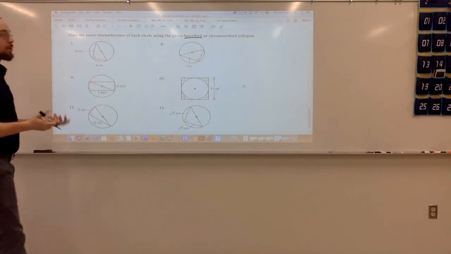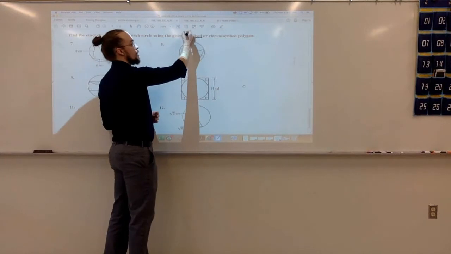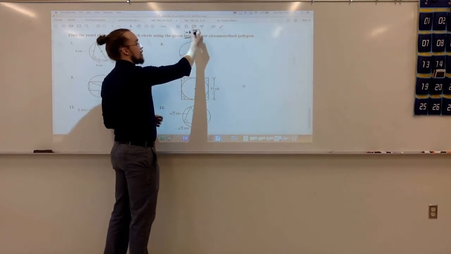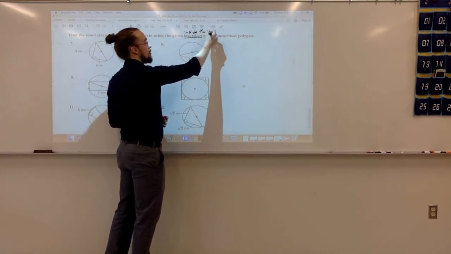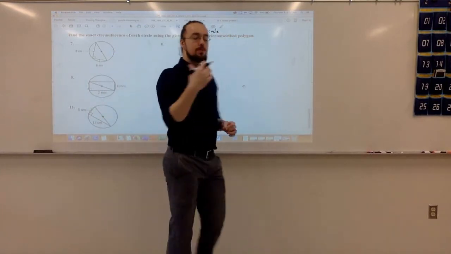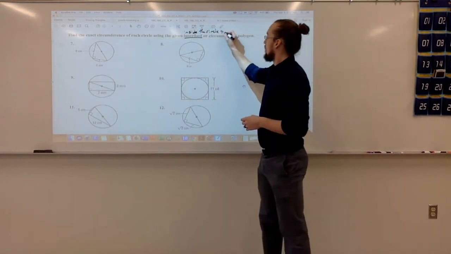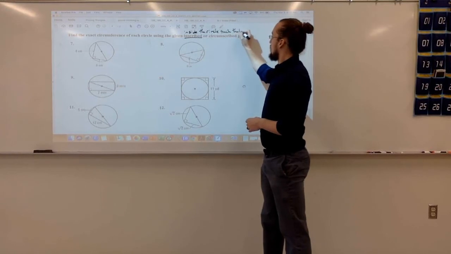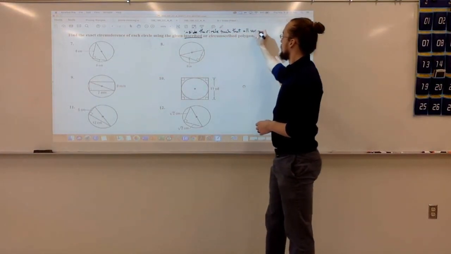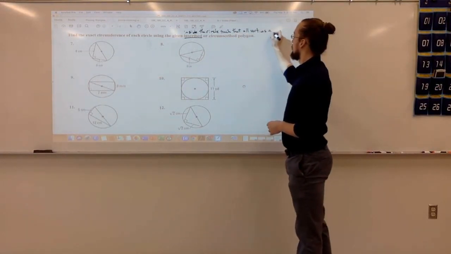Inscribed means the shape inside the circle, but there's a little bit more to it, such that all vertices are on the circle.